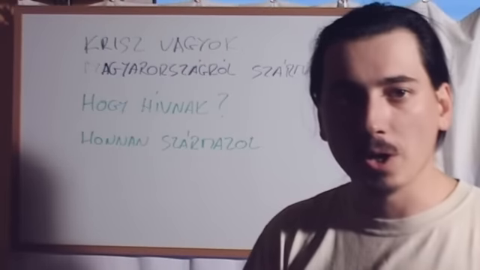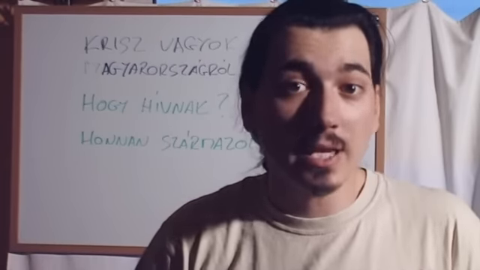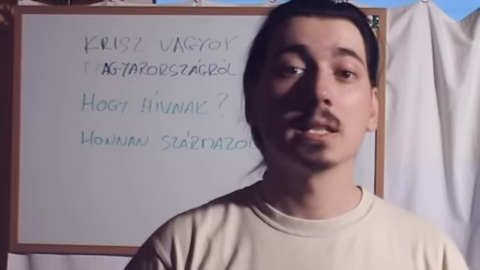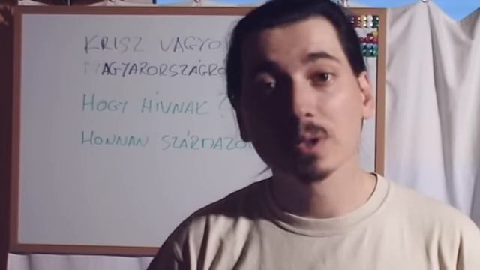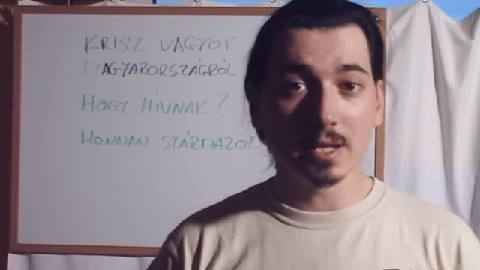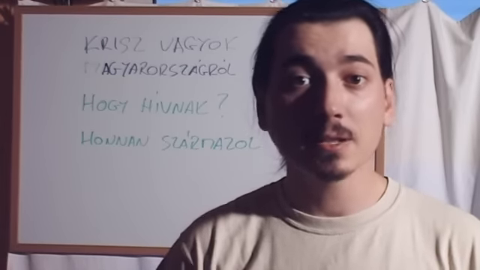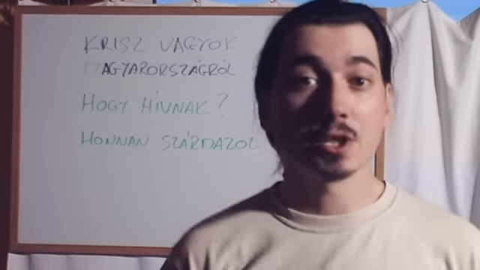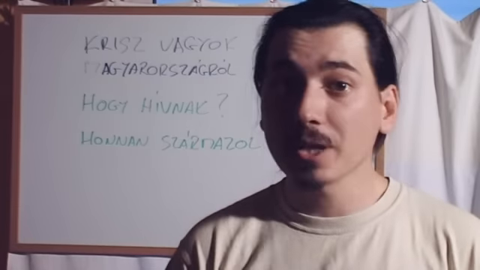The next word is to be with the attachment of I. So, vagyok means I am. As you have probably noticed, it's not in the right order. I mean, not in the general English order, like I am Krisz.